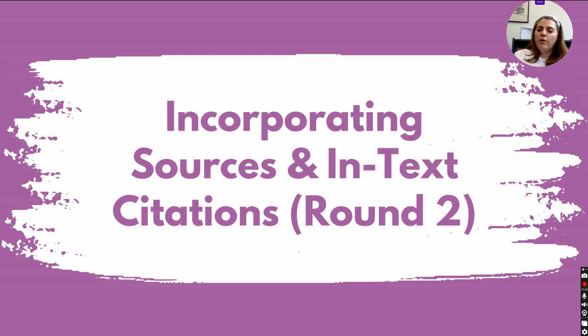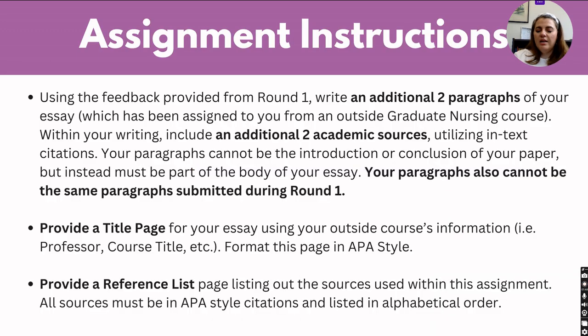Our big assignment for this week is the Incorporating Sources and In-Text Citations round 2 assignment. The instructions will be very similar to last week's assignment, but here you'll be writing an additional 2 paragraphs. Again, please use the feedback that I provided to you last week.